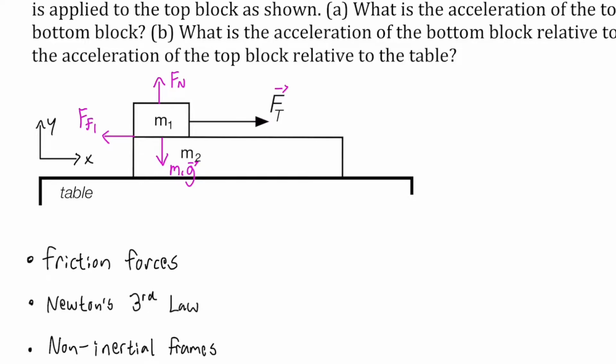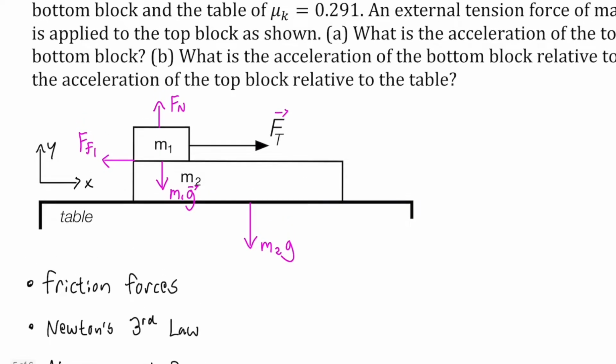But what are the forces acting on the bottom block? Well, there's no external tension force, but there's still gravity. So we'd have some M2G. And there are definitely some effects from the friction forces.